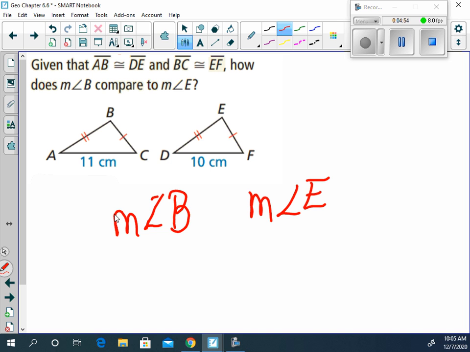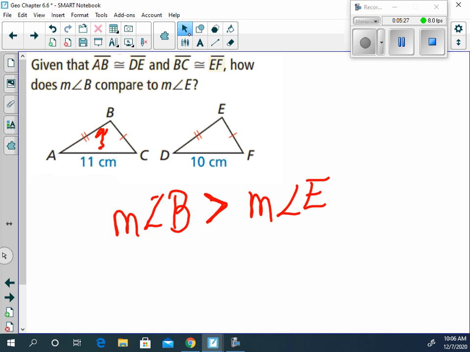AC, because it's 11. So the angle opposite AC is going to be bigger. So that tells me angle B is going to be bigger than angle E because its side is bigger. And that's it.